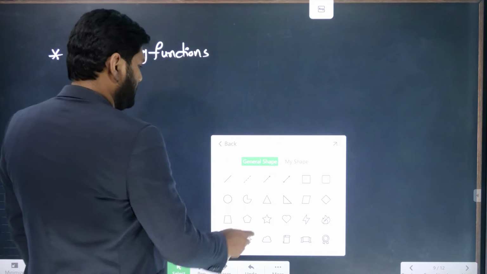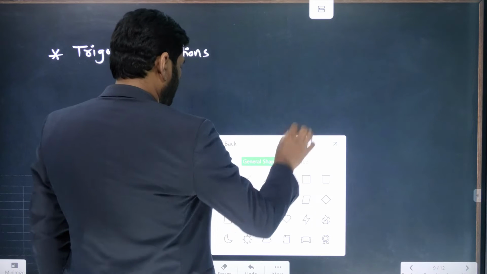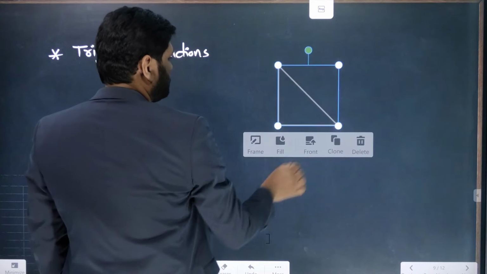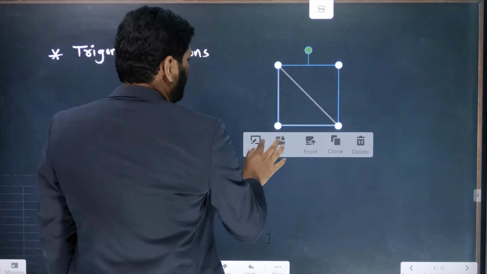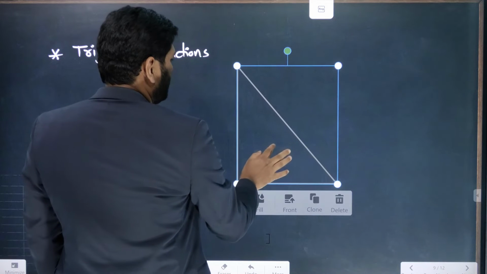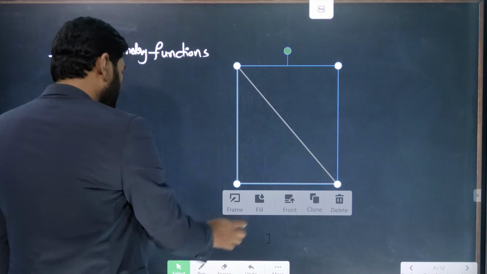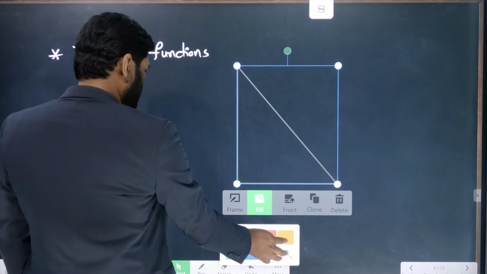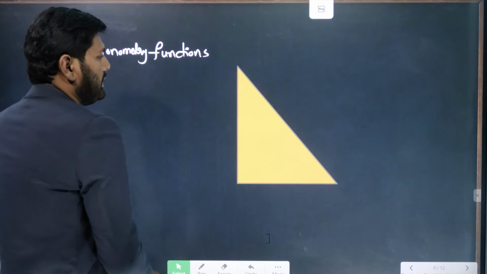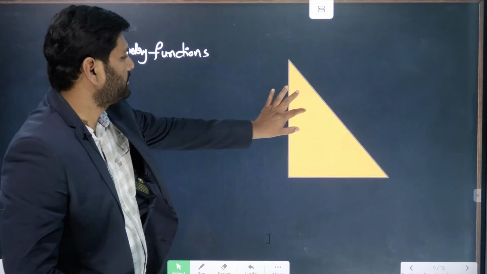So imagine this is a right angle triangle. Is it appearing, this right angle triangle? I hope it is appearing. This is a right angle triangle.